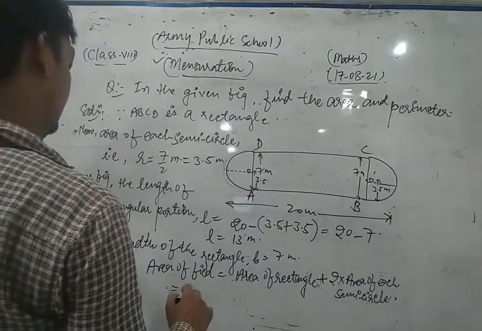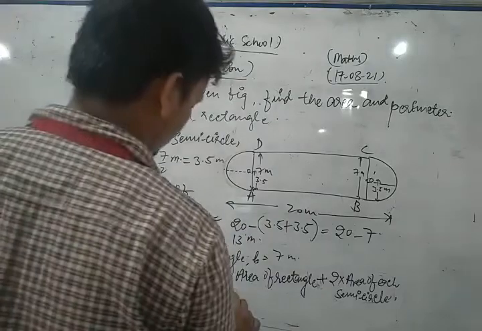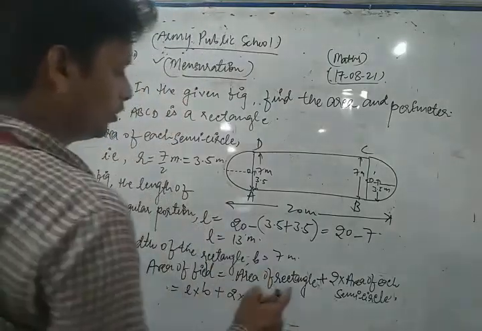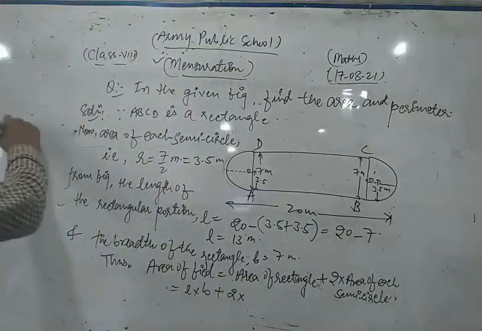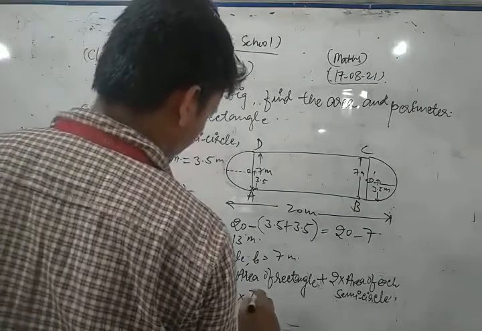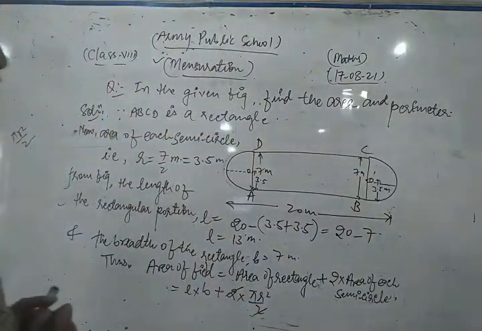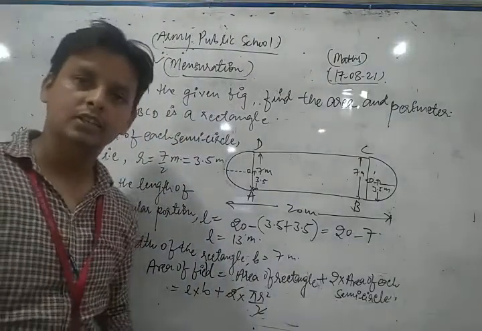The area of rectangle is L into B plus 2 into area of each semicircle. Area of semicircle is what? Pi r square upon 2. Okay. So pi r square upon 2. Now the 2s cancel each other.